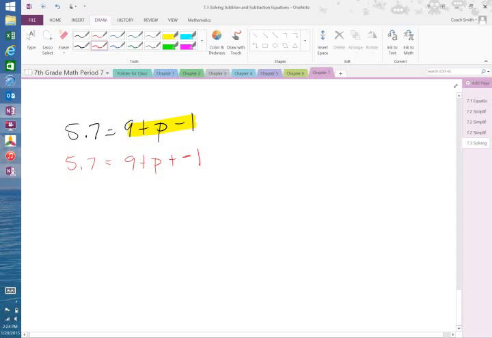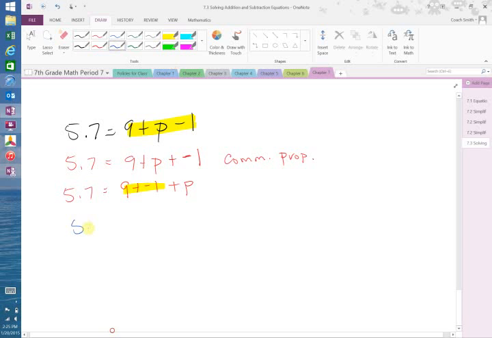So I changed my subtraction to addition, and now I'm going to use the commutative property. The commutative property says I can rearrange the terms now that it's all addition, and I can put 9 plus negative 1 together. What is 9 plus negative 1? 8.